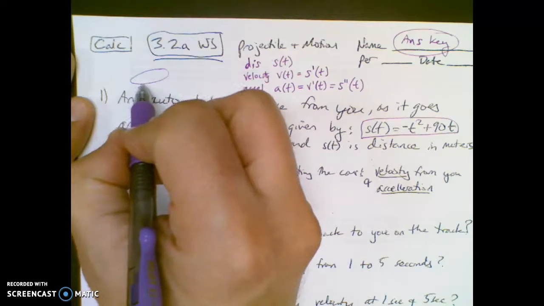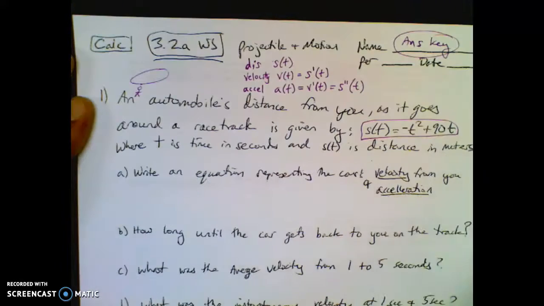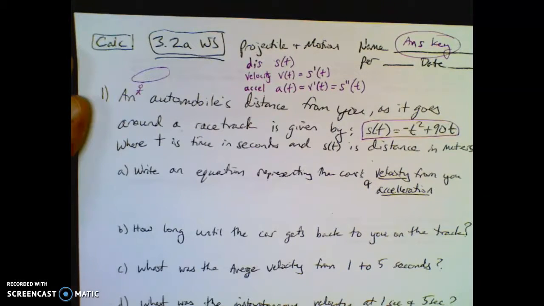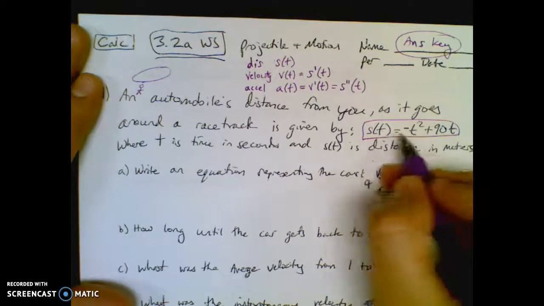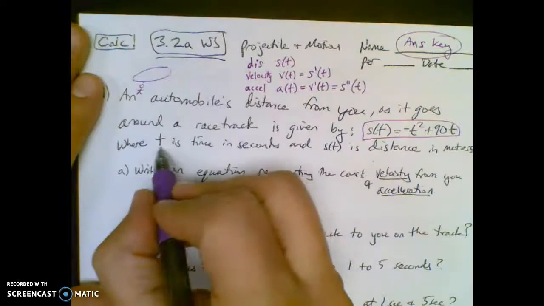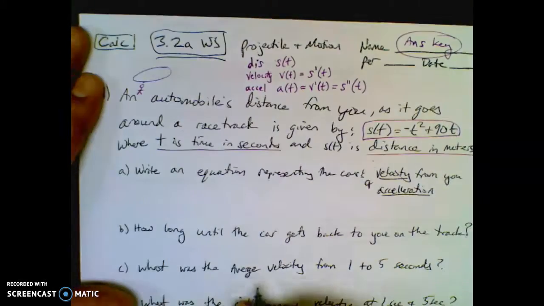The car's close to you, and then it gets farther away, and then it gets closer to you, right? So it's a changing thing. But if you were to somehow be able to have a rangefinder or measure the distance at any point in time, you could tell how far away it was from you, according to this equation. It says t is in seconds and distance is in meters for s of t.